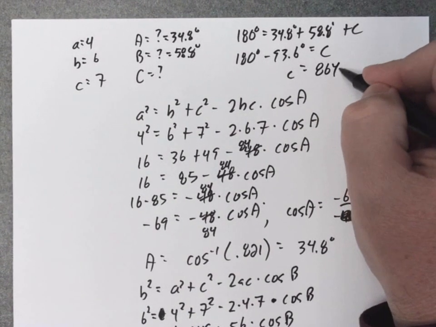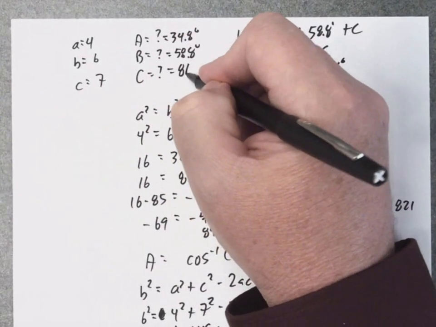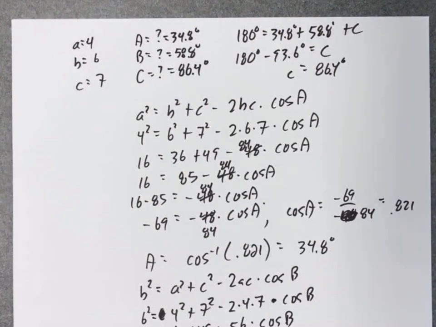So C is 86.4 degrees. And that is correct. All right. So there you go with law of sines and cosines.